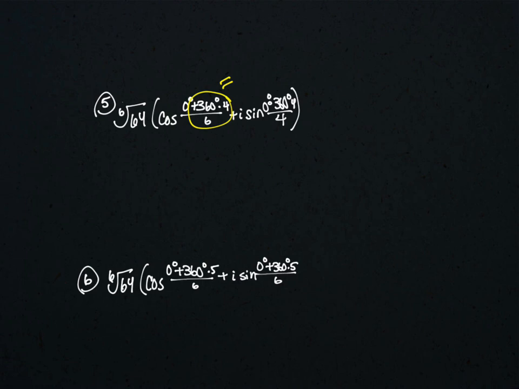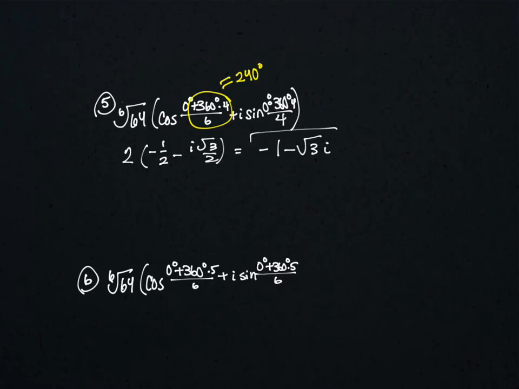What angle measure am I at? We're at 240 for this one. Okay, last details. So this is 2, and then I have negative 1/2 minus i square root 3 over 2, and distributing it through, cleaning it up, is negative 1 minus square root 3i.